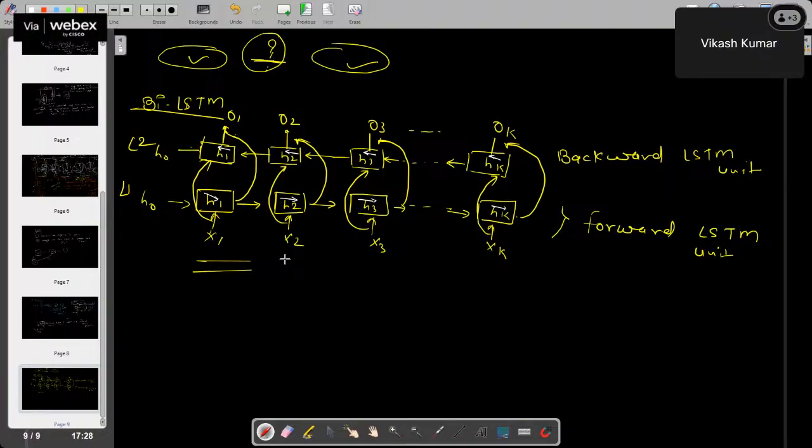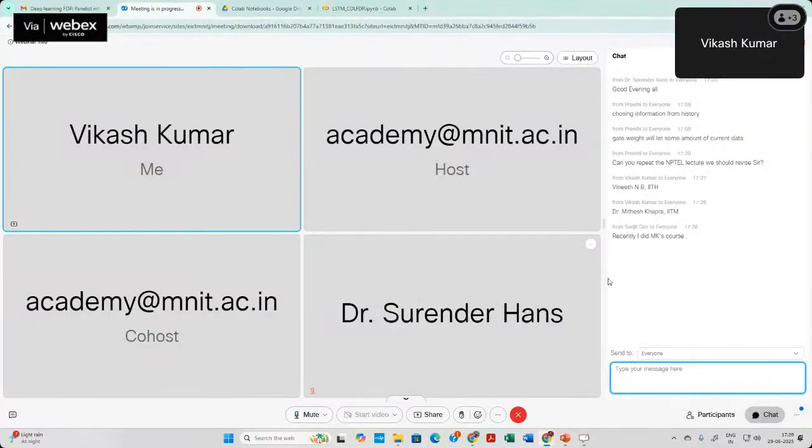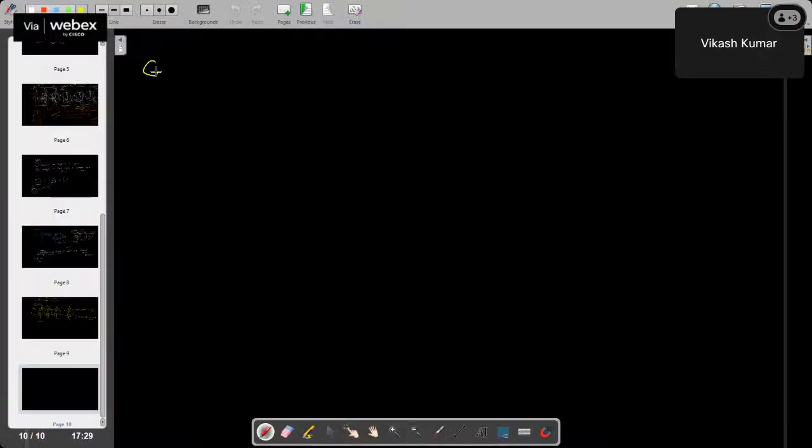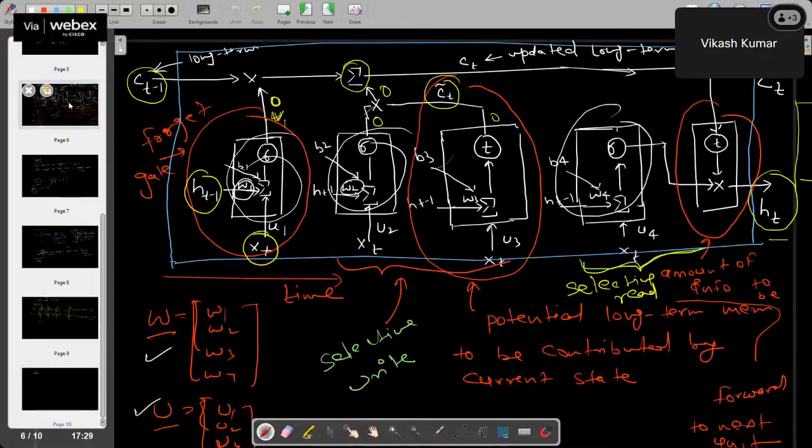So the next one is the GRU. Now, just imagine the number of parameters we need to learn. Can anybody tell me how many parameters do we need to learn here? Anyone?